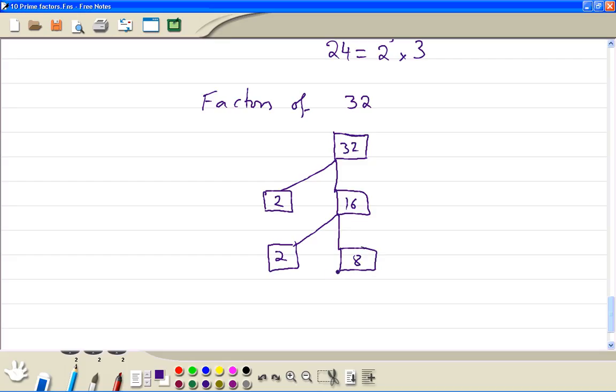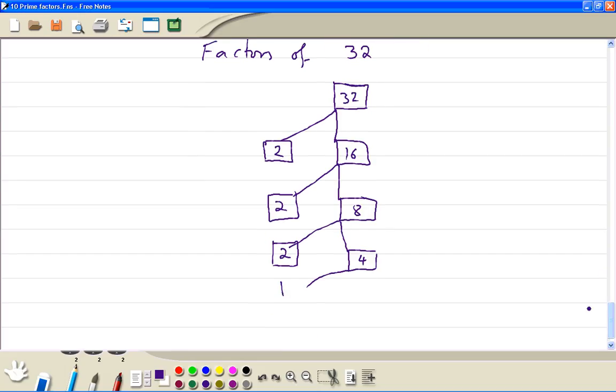Now we split 8. 2 times 4. Finally we split 4 into 2 times 2. So we stop. So prime number, and prime number. So 32 is equal to 2 to the power 1, 2, 3, 4, 5.